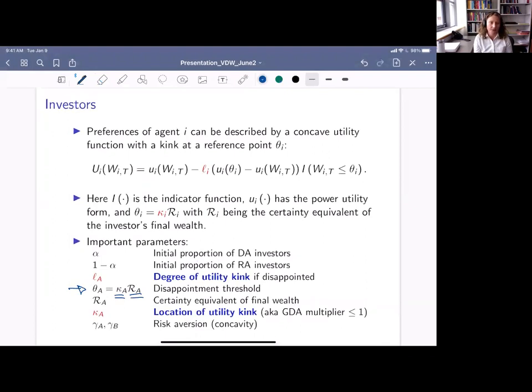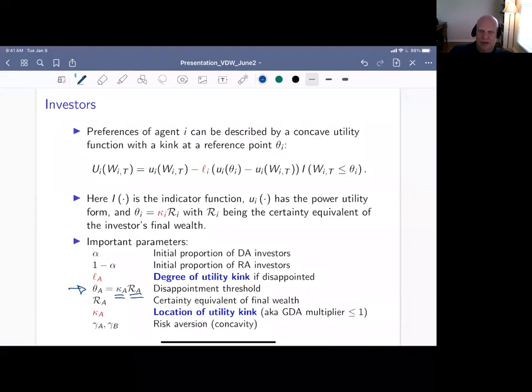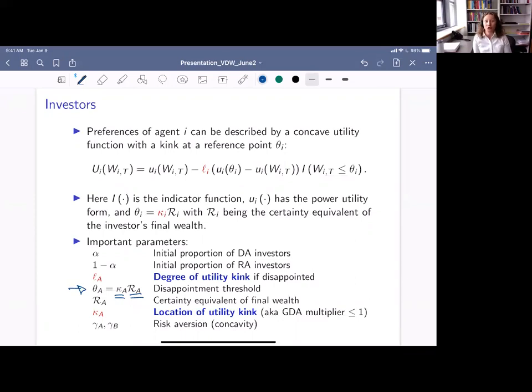While we're on the slide, there's a question from Christian. Presumably the results are going to be sensitive to the value of alpha, the initial proportion of DA investors? Yes and yes and no. Of course they will be, and I will show you a lot about what changes exactly.